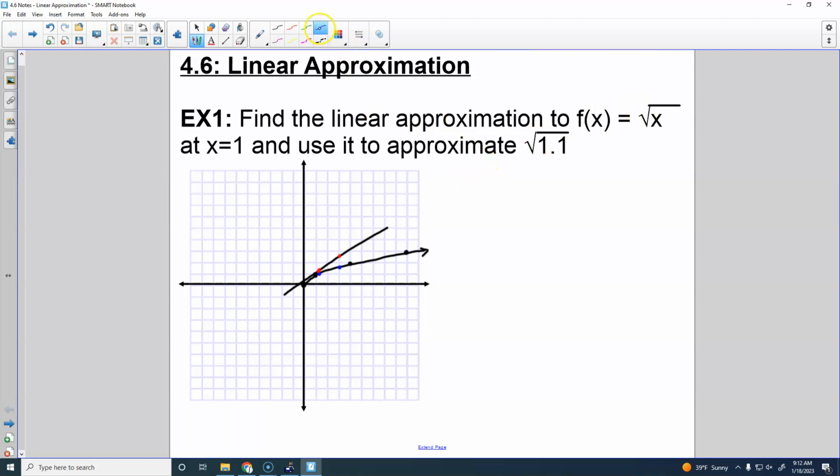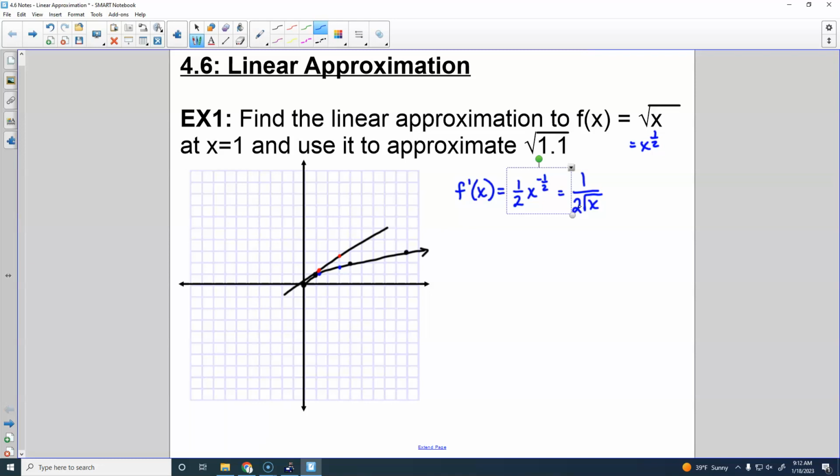So like for this, if we take f prime of x, that is like x to the 1/2, so we get 1/2 x to the negative 1/2, which is 1 over 2 square root of x. Okay, so we've got our derivative.